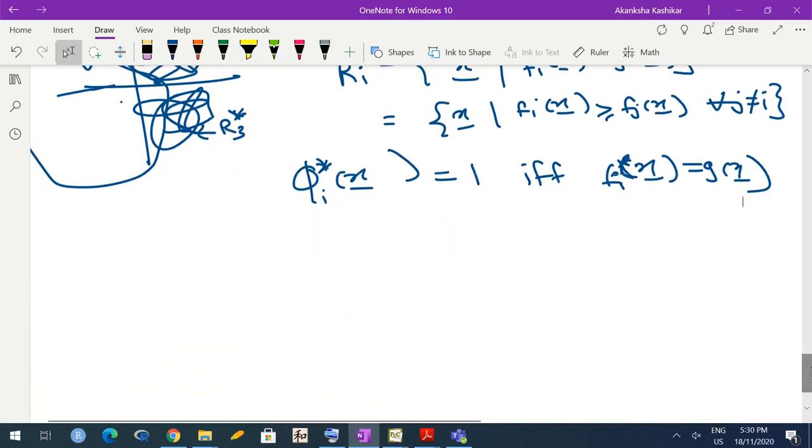Okay, now let us consider the thing that we want to maximize, that is, we want to maximize the correct classification probability, right? So let us consider the sum of probabilities of correct classifications.